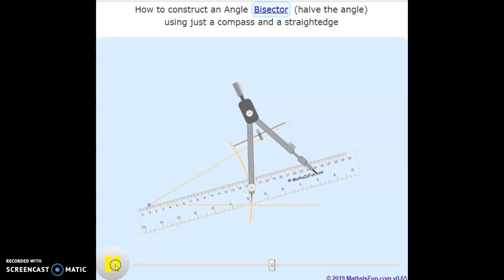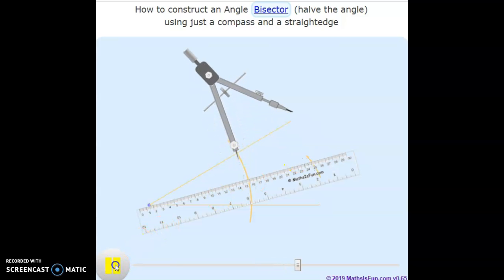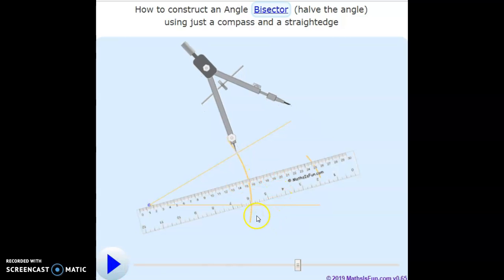And we're going to draw an arc across the middle of our angle. Similarly, we'll move our compass up here and place our needle point on the intersection of our arc with the other arm. The most important part here is from moving from here to here, we keep the same distance between these two arms. So we keep the same radius. This is the most important thing. We can't change our compass. We have to keep the same radius.